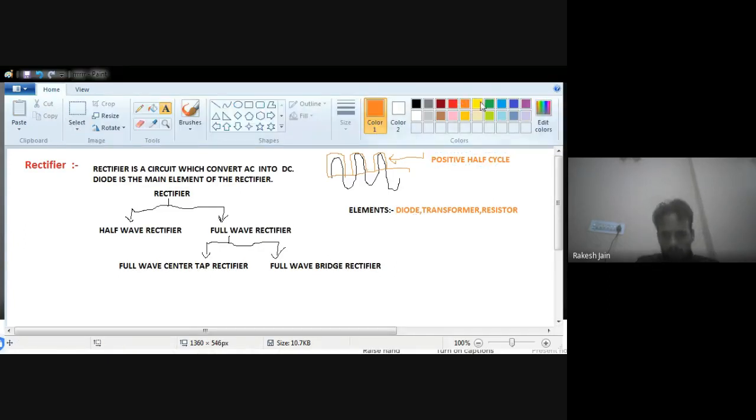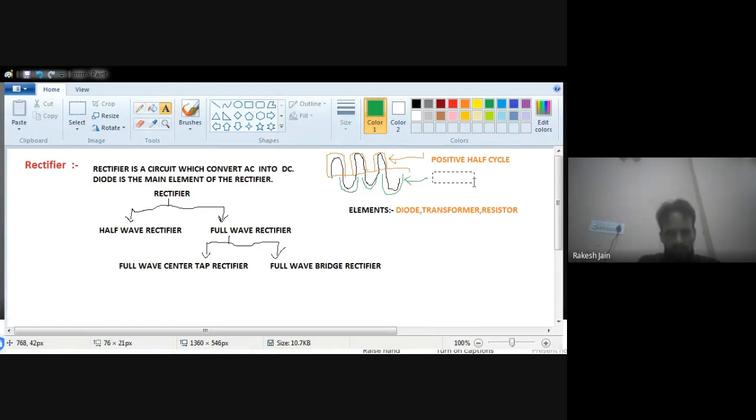And this bottom part of the AC wave is known as the negative half cycle. This green color part is your negative half cycle.